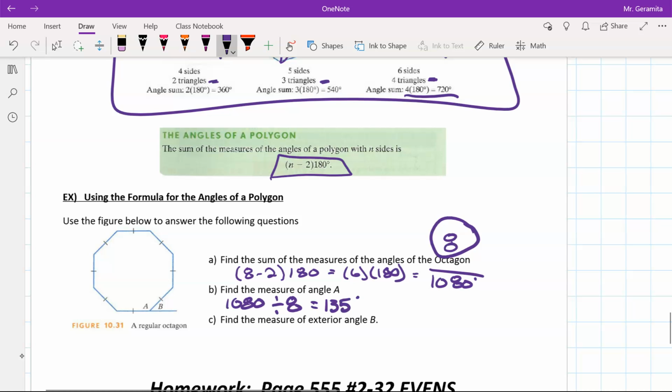To find the exterior, I know that A and B here form a straight line. So if I take 180 and subtract 135, I get that the exterior angle B is 45 degrees.